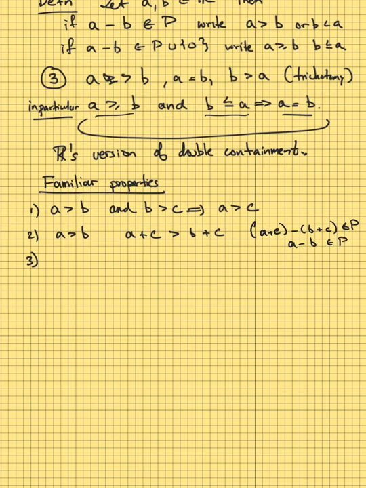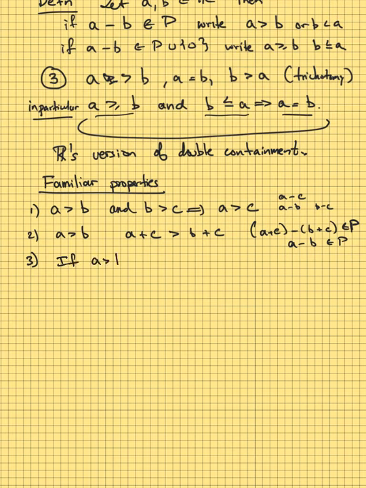This is just playing around with associativity, and also the axioms that P is compatible with addition, so if you add two things in P, you stay in P. And the first is similar to that. Again, you're looking at A minus C, and you want to relate it to A minus B and B minus C.